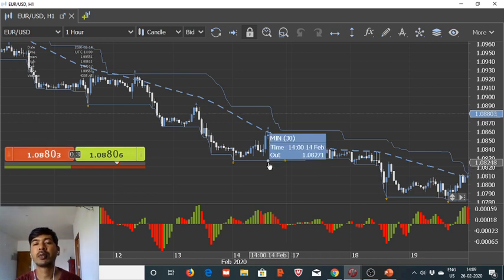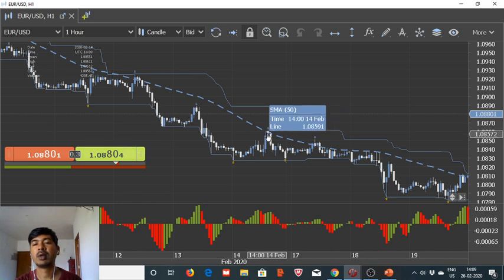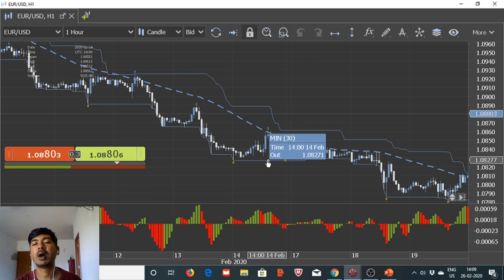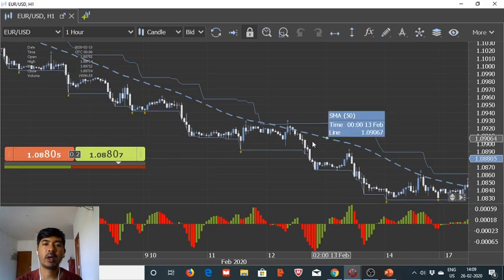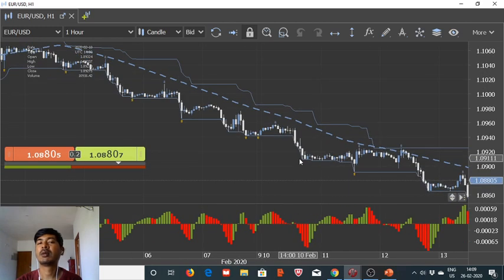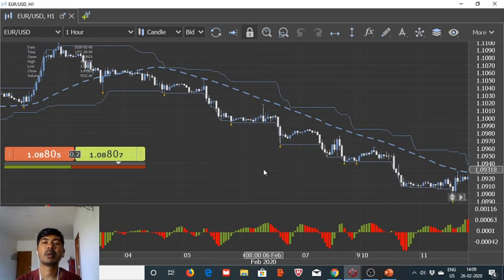Here also the SMA is 1.0859, and the minima is 1.0827. So there is a 30 pips difference here, and I think we can look for a short sale opportunity. But whether to provide for 30 pips or 25 pips is always going to be a personal choice.